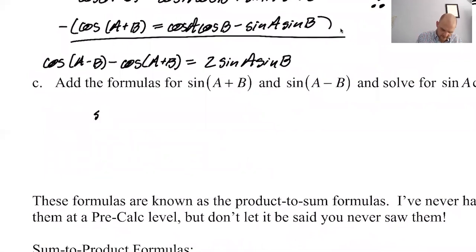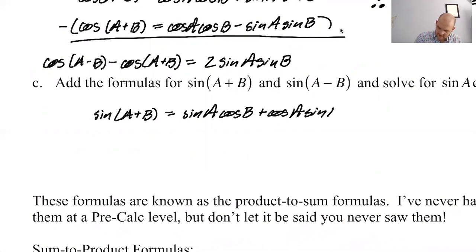So sine of A plus B is sine A cosine B plus cosine A sine B. You want to know the 14 formulas because they're useful in just about every application. When you're doing trig, and eventually calculus, it's hard to come up with things where they're not relevant.